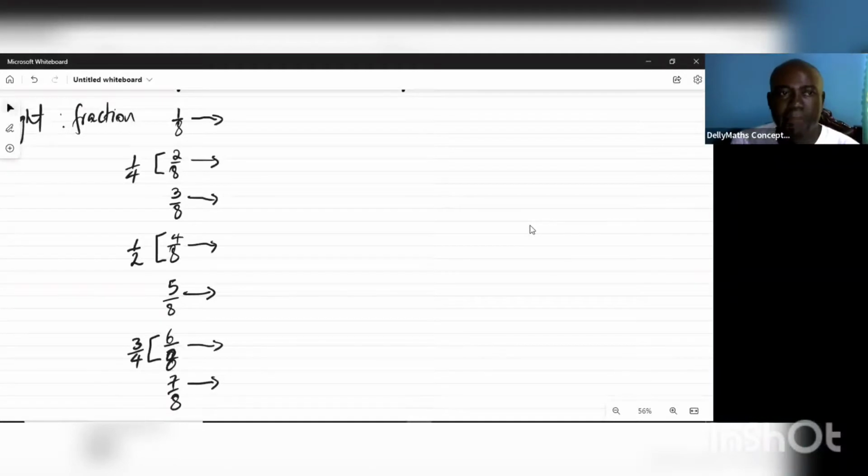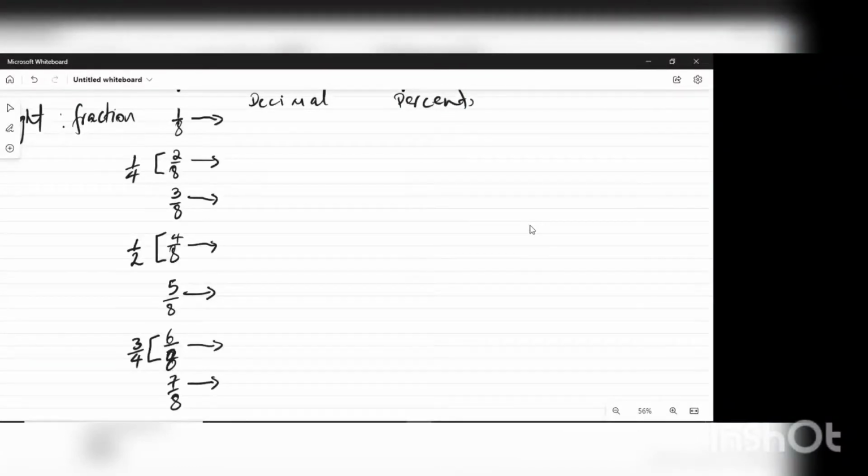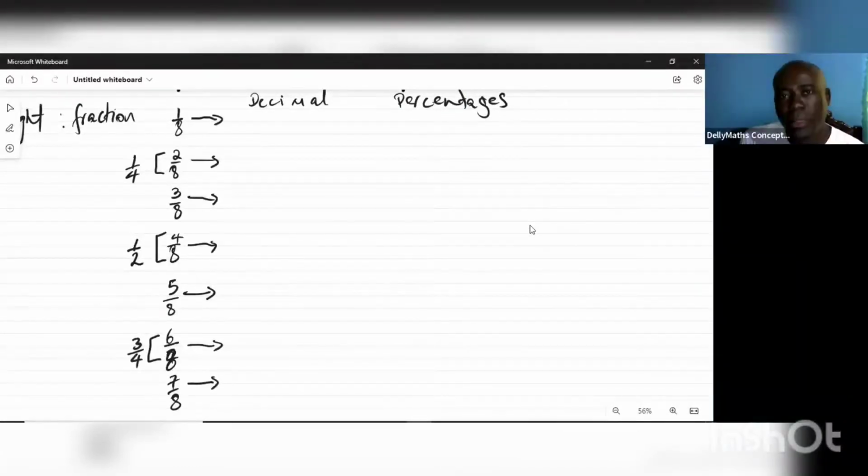Now, let's write down the decimals for the ones that we know, and then we use that to drive forward. So we're going to put the decimals here, and then we're going to look at the percentages beside that. And then we're going to pick up a pattern, and then we're going to focus on some ideas.